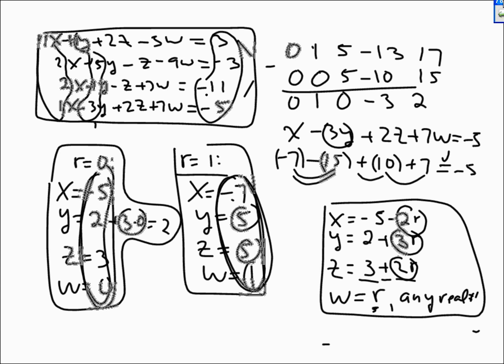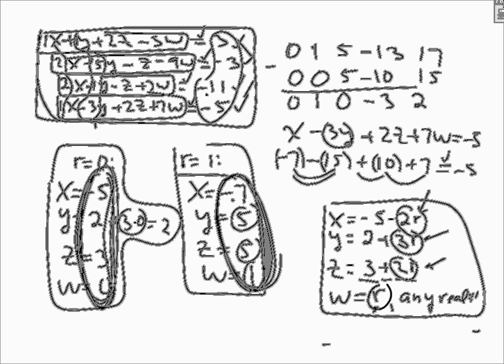And you can pick other numbers for r, one number at a time. You can let r be 10. So w will be 10, x would be negative 25, y would be 32, and 23 for z. This is when r is 10. Okay, so you have yet another solution.